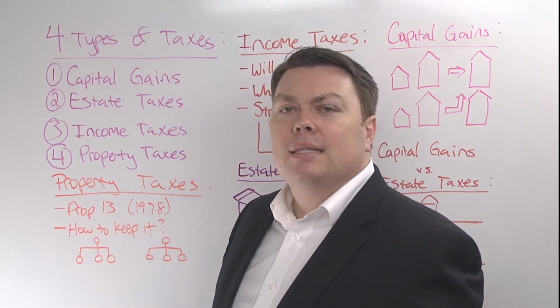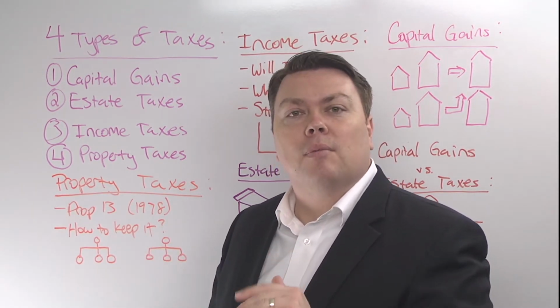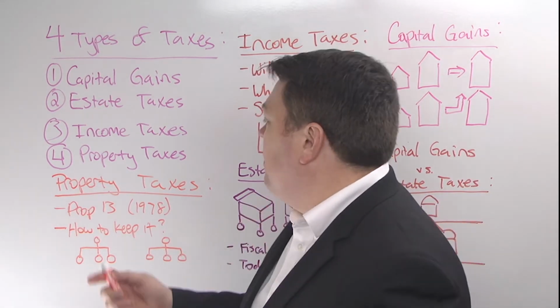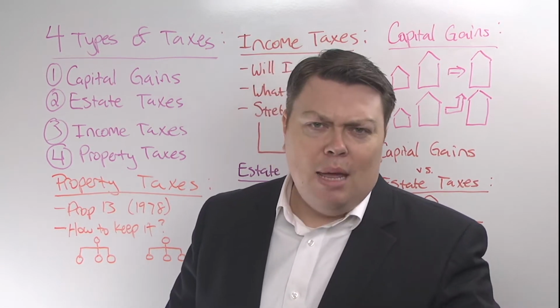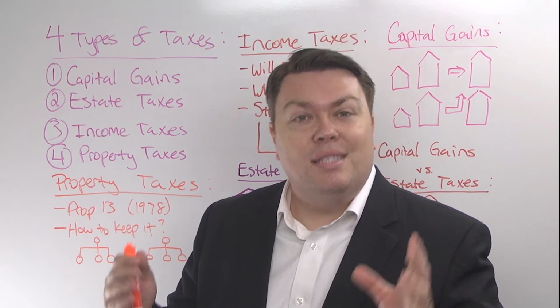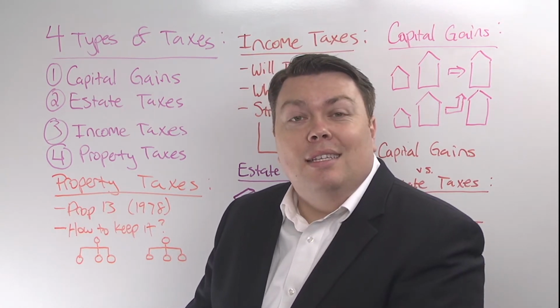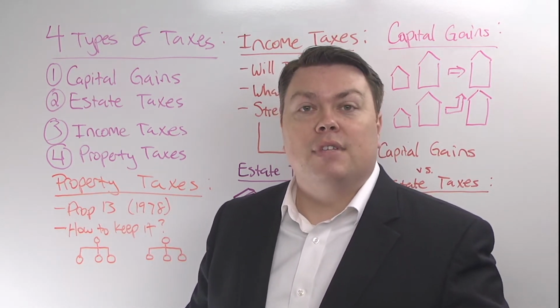Prop 13 said that we are going to lock our property tax in at a certain rate, and it can only increase incrementally. So if you purchased your home in 1990 and your neighbor purchased their home in 2015, you probably have very different property tax bills. When you purchase in 1990, you have a lot lower tax rate than your neighbor who purchased in 2015.